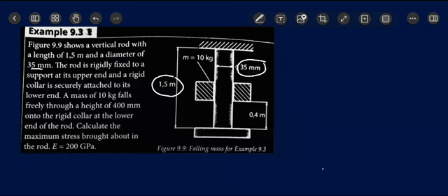The rod is rigidly fixed to a support at its upper end, and a rigid circular collar is attached to its lower end. A mass of 10 kg falls freely through a height h onto the rigid collar at the lower end of the rod. Calculate the maximum stress in the rod. Given Young's modulus is 200 gigapascal.